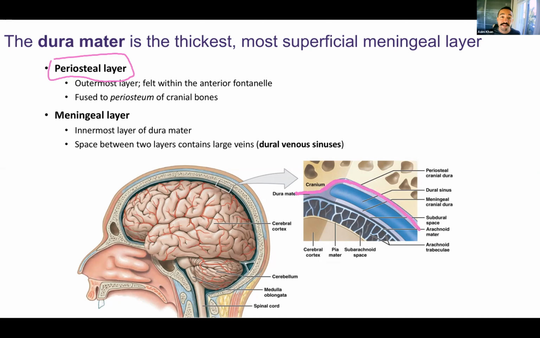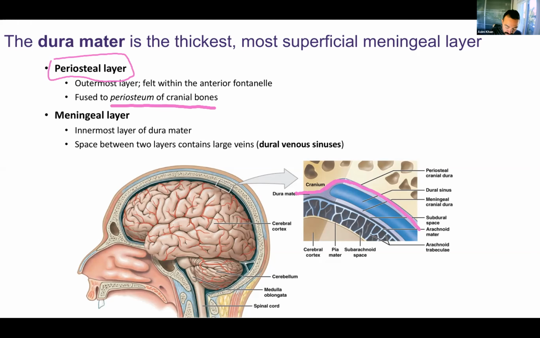It is the periosteum of the cranial bones, frontal, parietal, temporal, occipital, and so on. It's fused to the periosteum of the cranial bones. If you touch an infant's fontanelle, you can feel this layer.